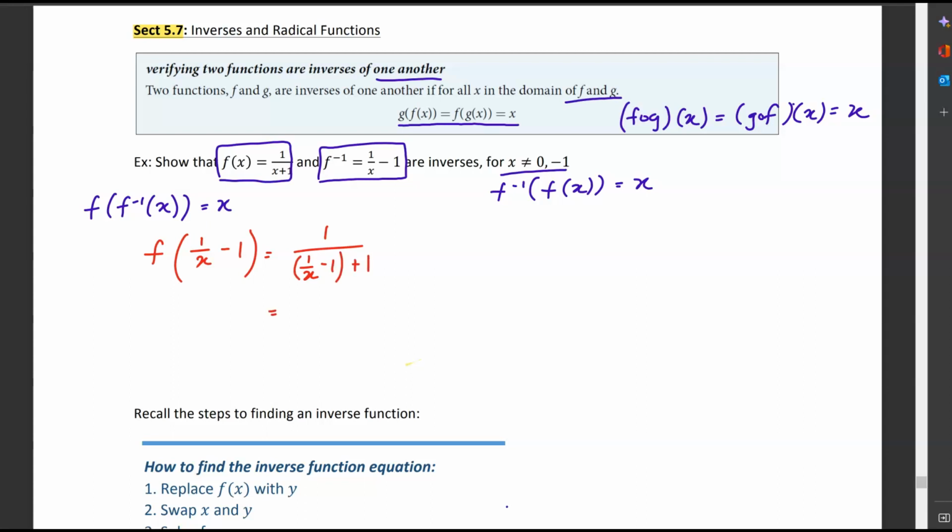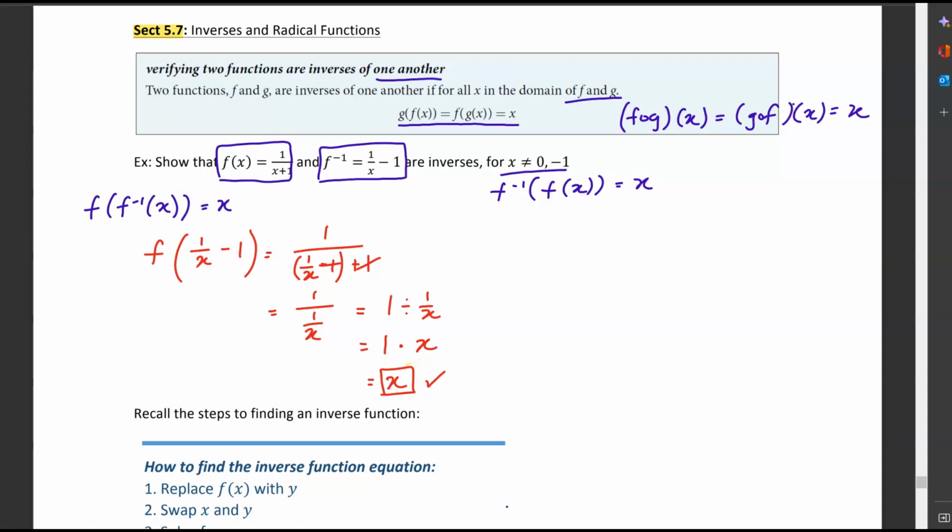Here our 1's, we can drop the parentheses, our 1's end up canceling out, so we end up with 1 over x. Now this is a complex fraction, which is the same thing as 1 divided by 1 over x, which is the same as 1 times, because we'll flip that, so then this does equal x.